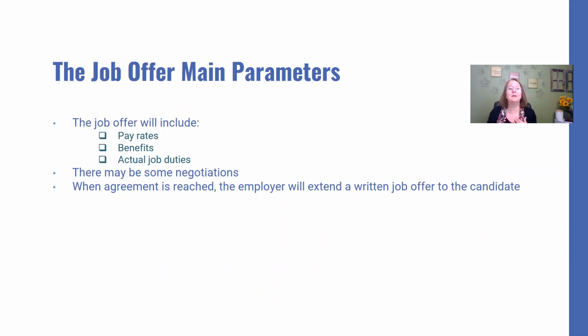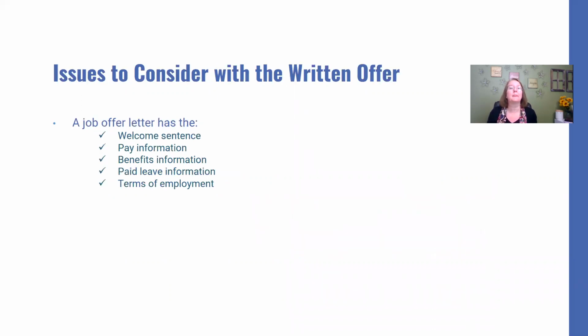So then when we make the job offer, it's going to include pay rates, benefits, the actual job duties. There may be some negotiation, and then we reach an agreement. When you write the written offer, you need a letter. There's going to be a welcome sentence.